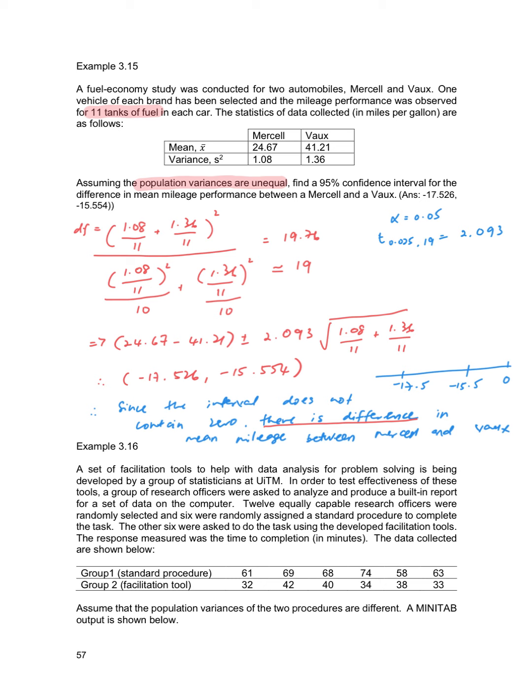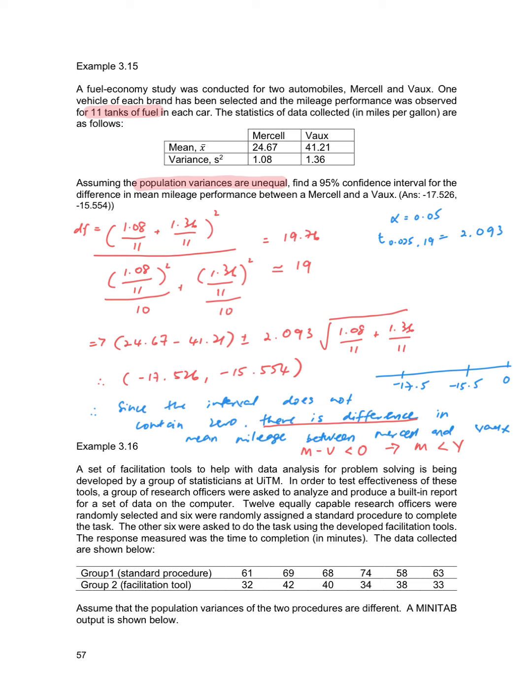Okay, another thing that we can see here, since the interval is negative, meaning that M minus V is less than 0. So it means that Mersenne is less than Vogt. Another thing you can discover here is the mean mileage performance of Mersenne is less than that of Vogt, because Mersenne minus Vogt gives a negative value.